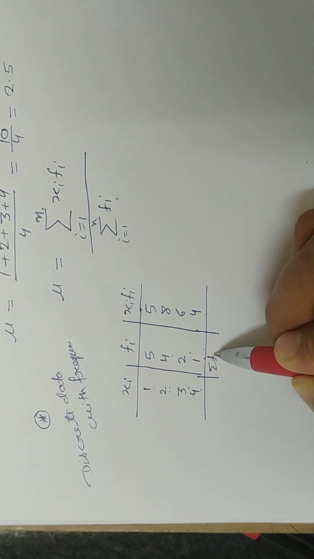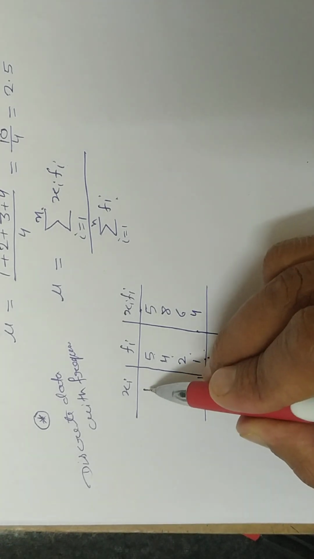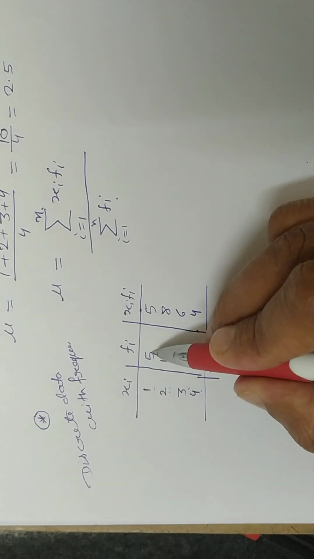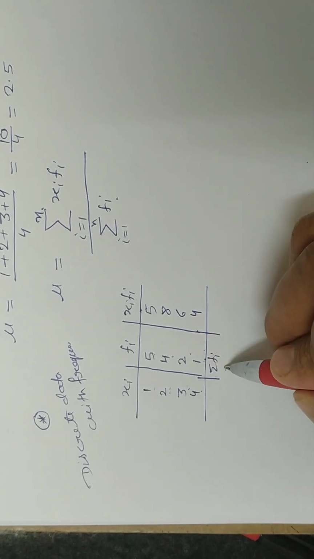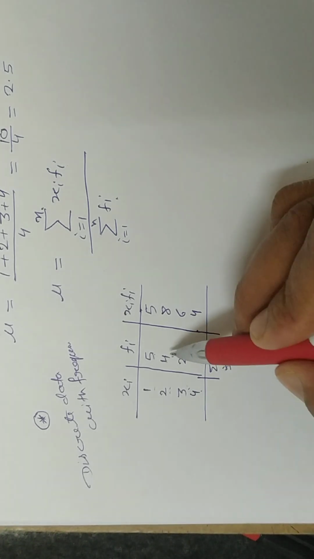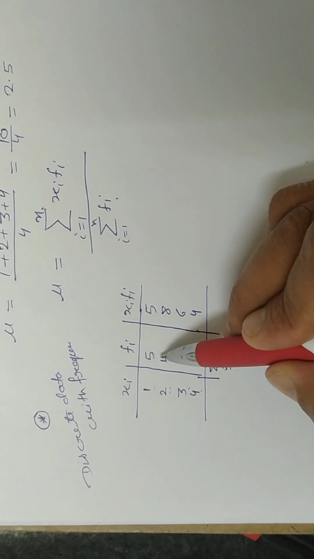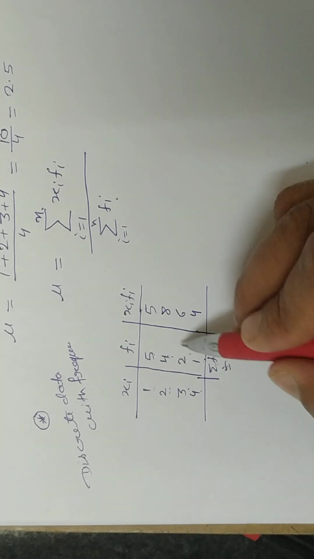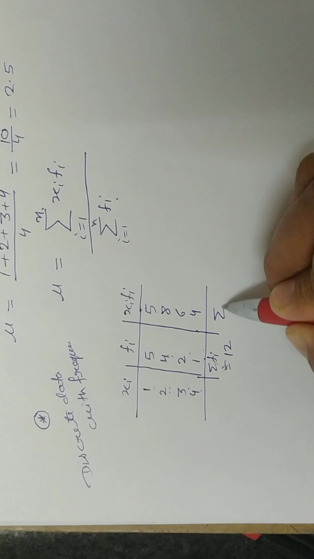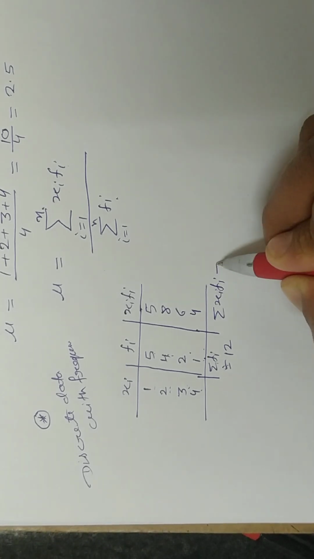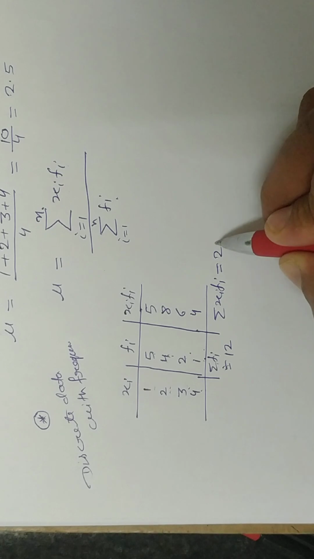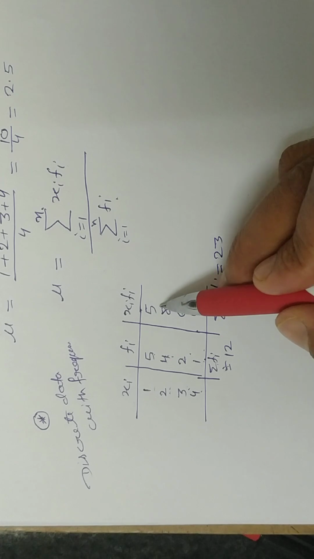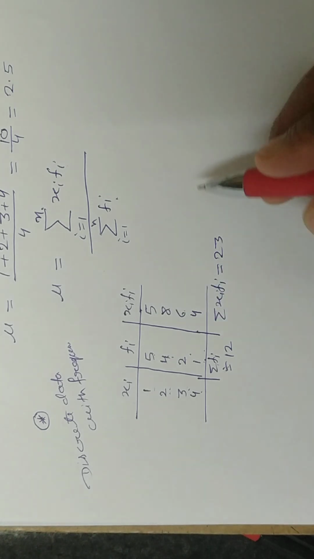Because we have the 4 count, 1, 2, 3 and 4, so sum of fi is 12: 5 plus 1 is 6, 6 plus 6 is 12. And the sum of xi fi is equal to 23: 6 plus 4 is 10, 8 more is 18, and 18 plus 5 is 23.